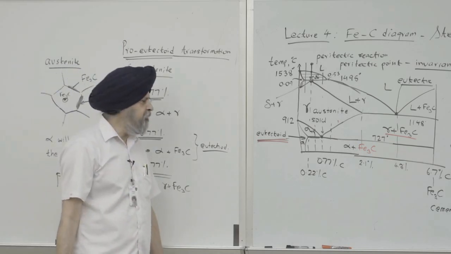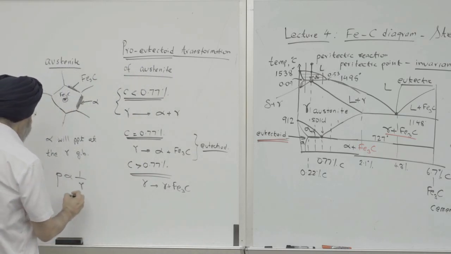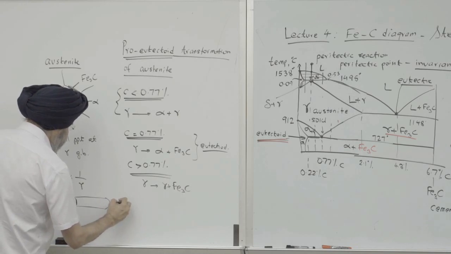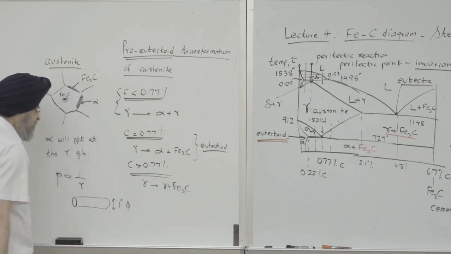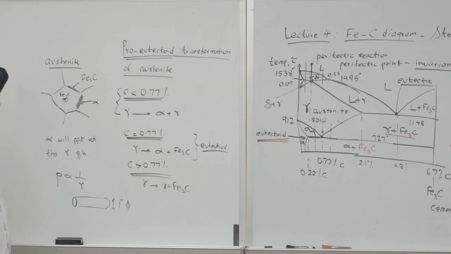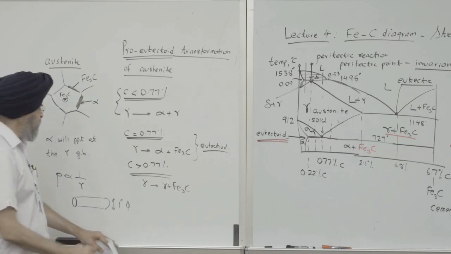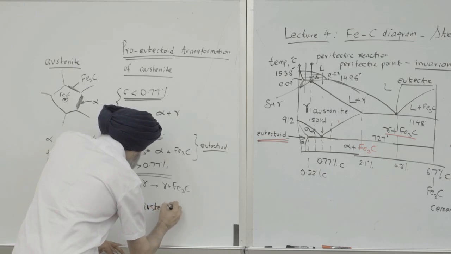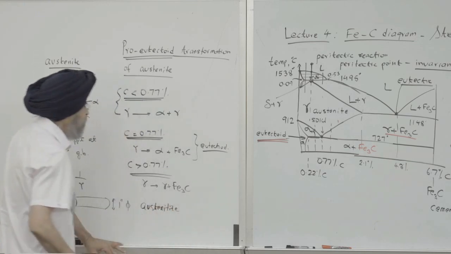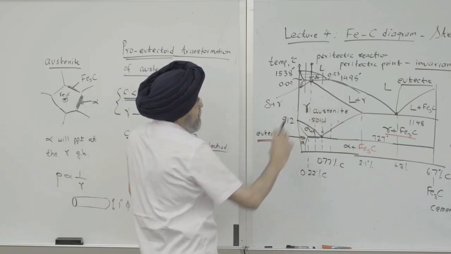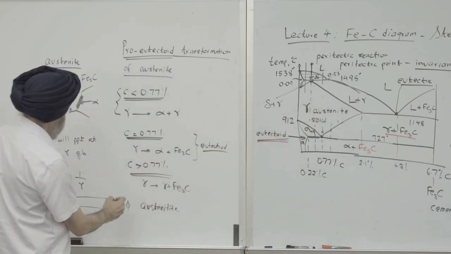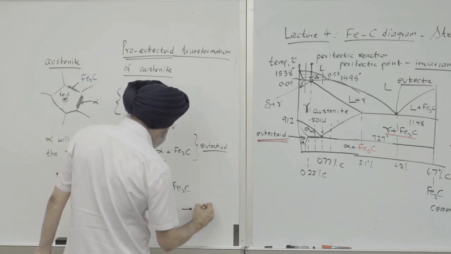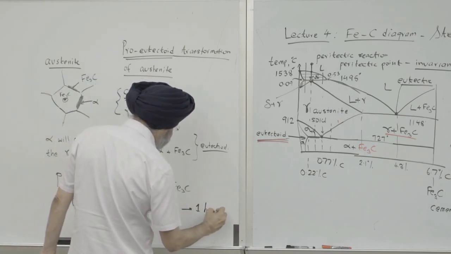As a rule of thumb in metallurgy, if you're given a rod of steel, let's say 1 inch in diameter, and you're asked to austenitize this steel, meaning you want to make it homogeneous austenite, for 1 inch diameter you need to hold for 1 hour.